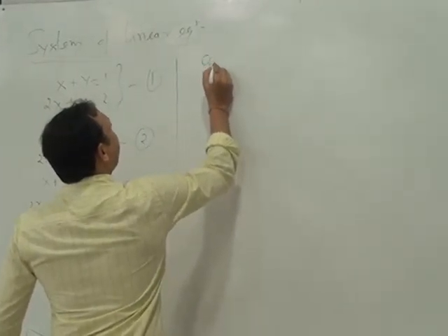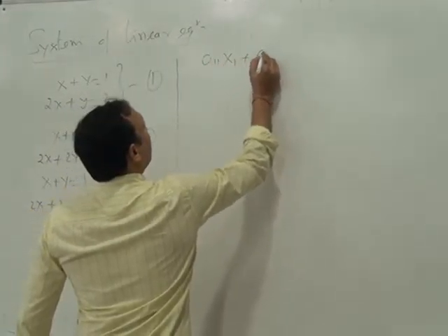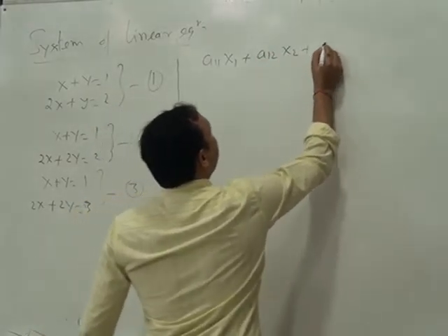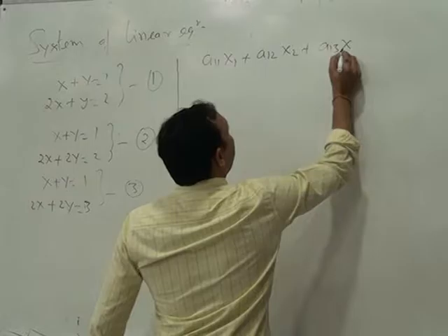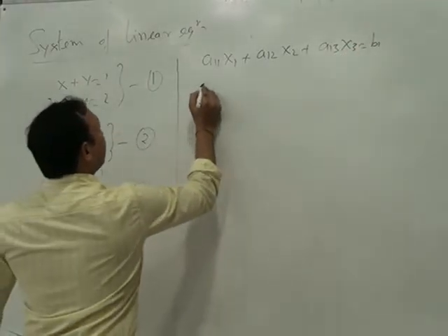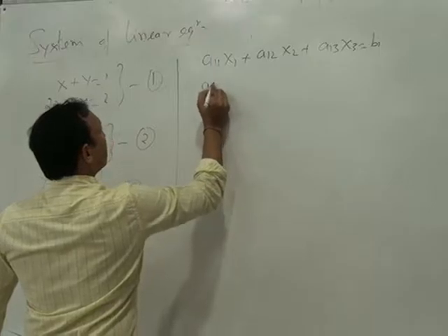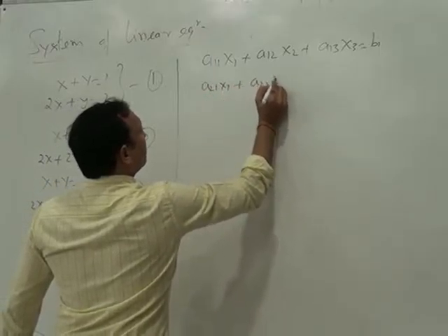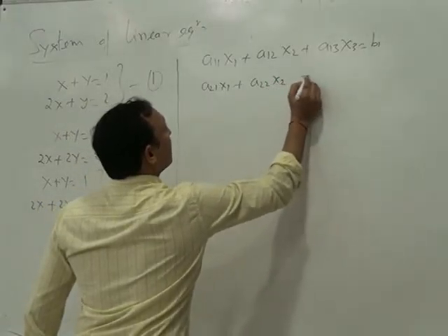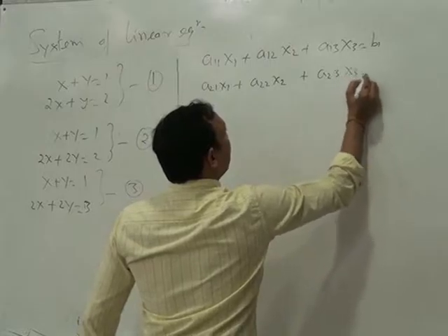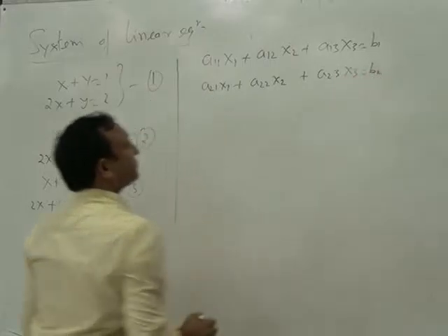Let me take a11 x1 plus a12 x2 plus a13 x3 equal to b1. Then a21 x1 plus a22 x2 plus a23 x3 equal to b2.